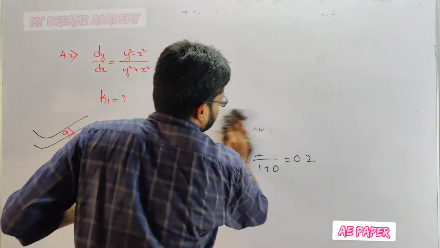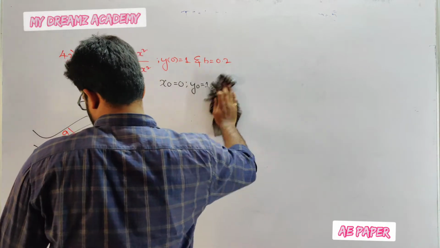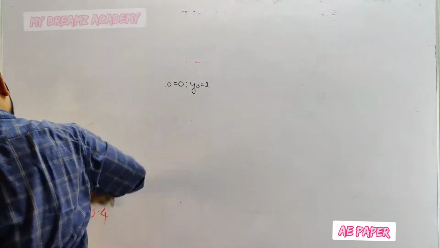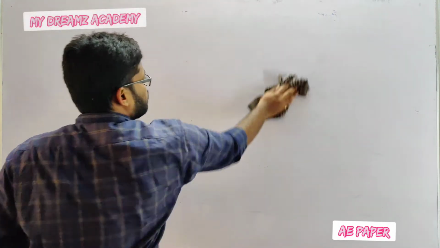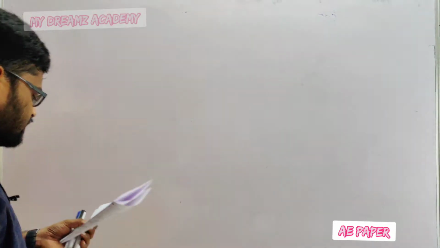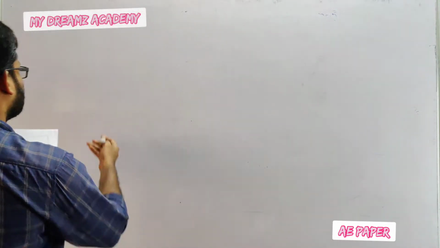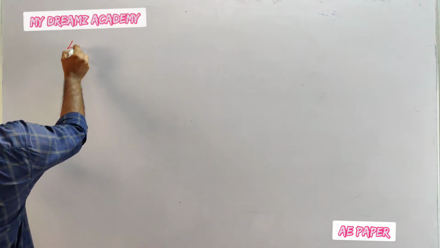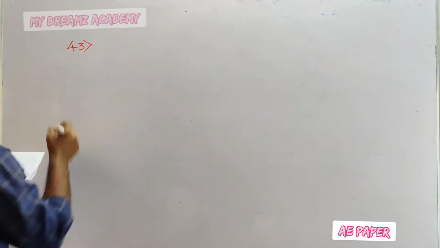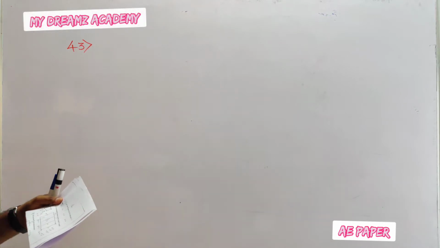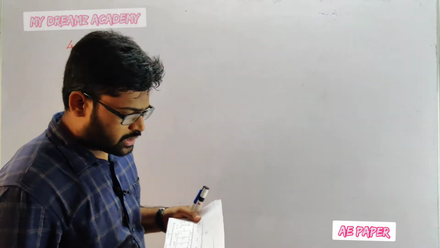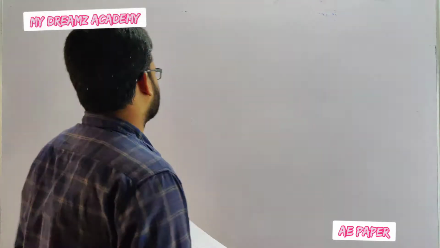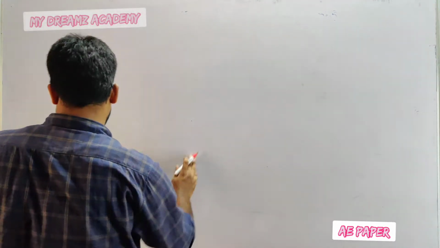Now we are going to see question number 43. The question is from network theory. For the circuit shown below, what is the value of Thevenin's voltage across X, Y?